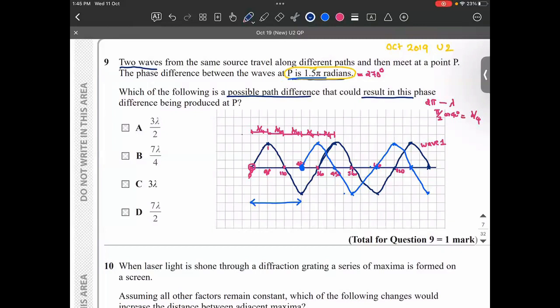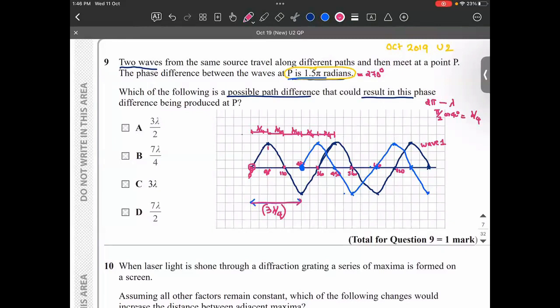So the answer for this question is this. That means 3 times lambda by 4. So this is one possibility. The path difference between the two waves is 3 lambda by 4.